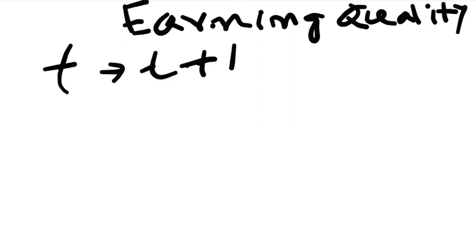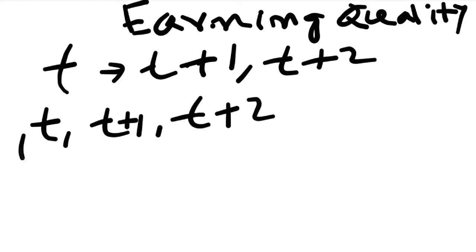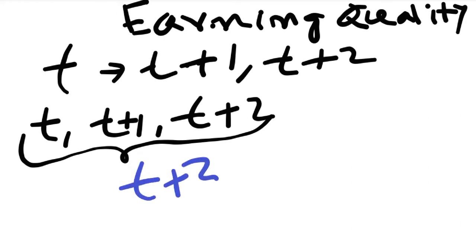Say, for example, you have earnings in year T, and these earnings can predict the earnings of year T plus 1, T plus 2. So if you have earnings of year T, T plus 1 and T plus 2, and from this pattern you can predict the earnings of T plus 3.